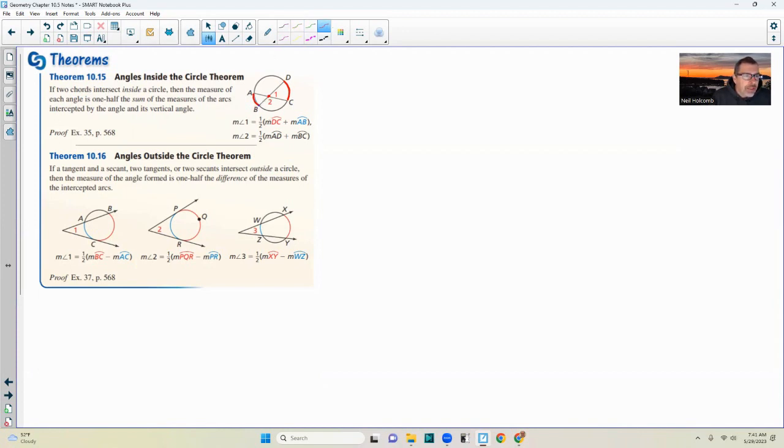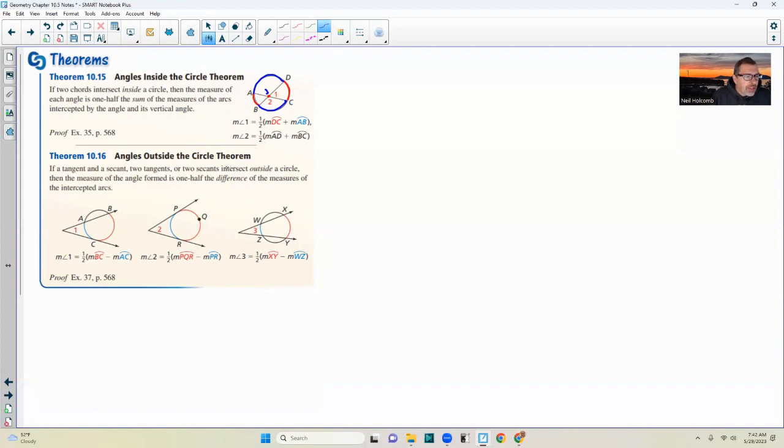Angle 2 intercepts arc BC, and this angle over here, if I called it 3, would intercept arc AD. Angle 2 is vertical to angle 3, so the two arcs they intercept, AD plus BC, divided by 2, would be the measure of angle 2. All right, that's the inside the circle theorem.